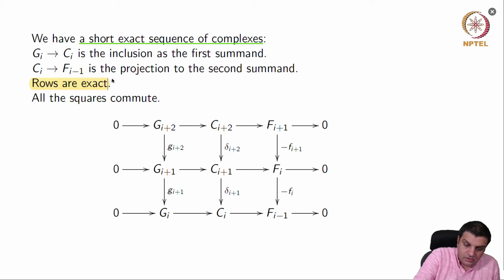So this is important: rows are exact, and all the squares commute. One can check explicitly, because if you go here and apply delta to the first factor, it is the same thing as applying g, because nothing happens to the second. So one can write down those matrices and check that all the squares commute.